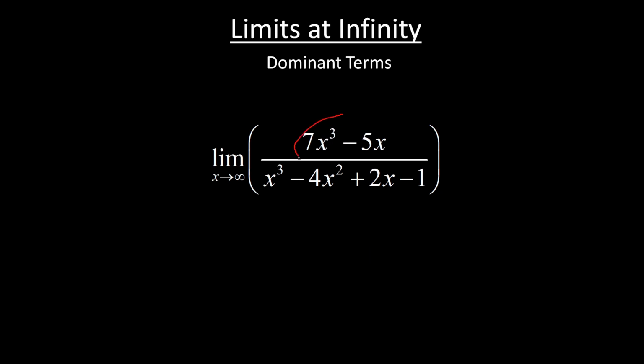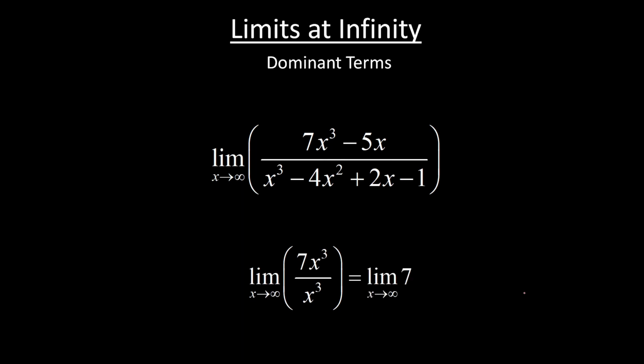And that's when the numerator and the denominator have the same dominant term. So if we look at this, we'll get rid of everything except the dominant terms. We can see now that these x cubes will cancel, and we're left with just the limit of 7.